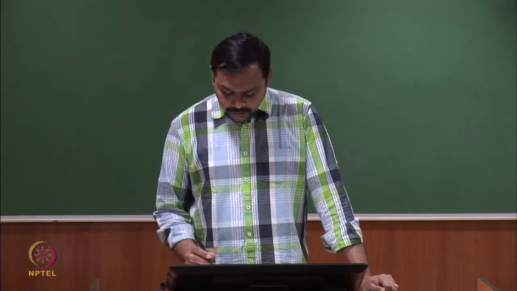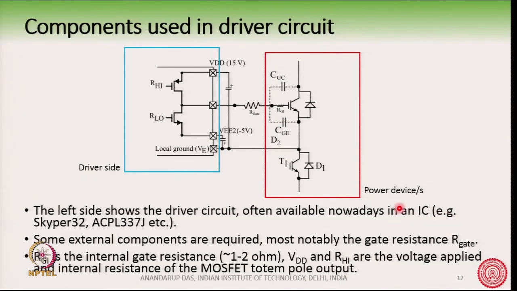For example, Skyper 32 is a gate driver board, and ACPL 337J is a gate driver IC. So, what is there inside this IC? Basically these ICs have a totem pole MOSFET or BJTs along with several protection features. We will talk about those protection features.